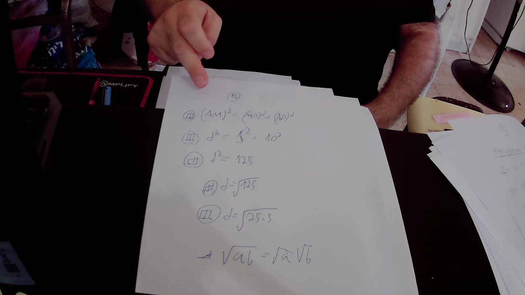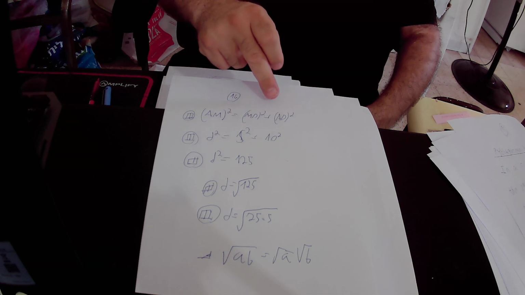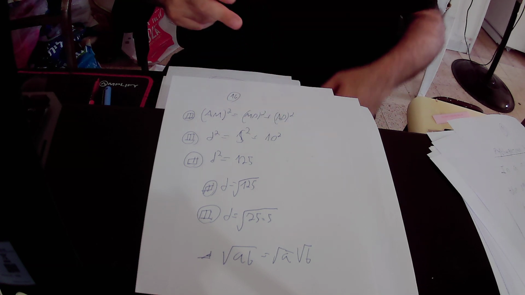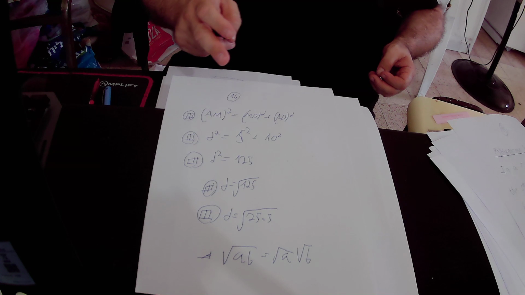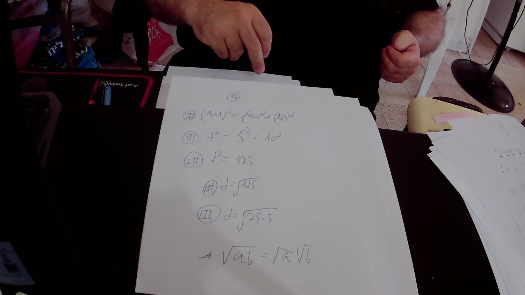But we know that AM equals D, MD equals 5, and AD equals 10, so we can put the data into the equation.